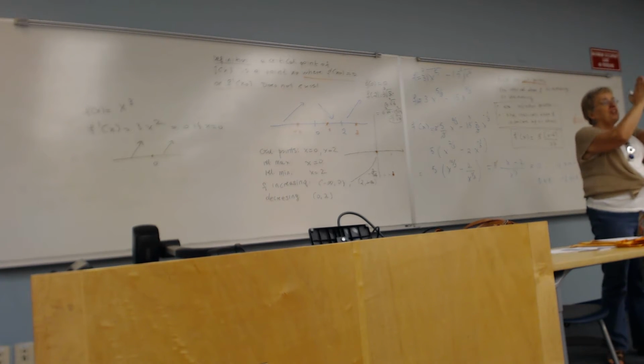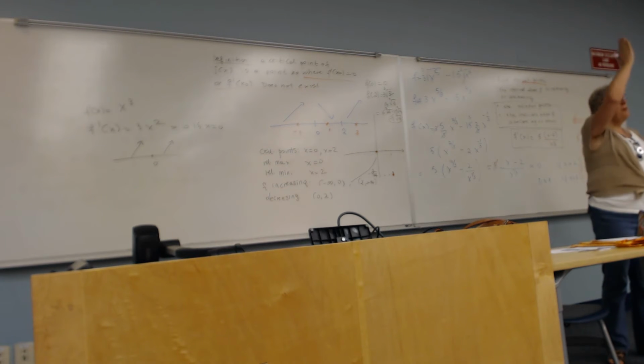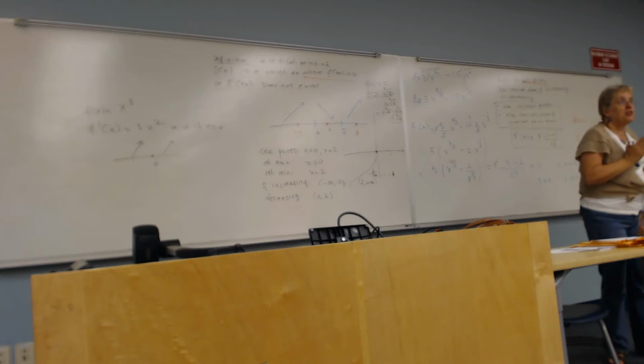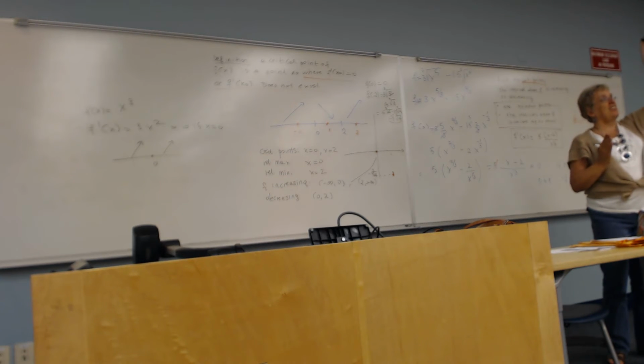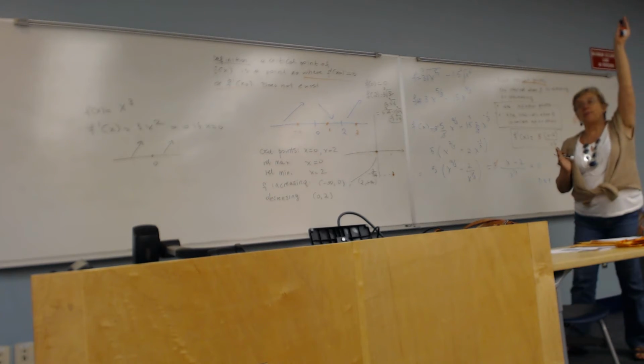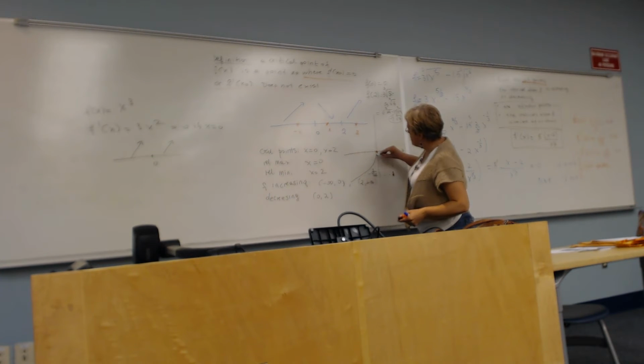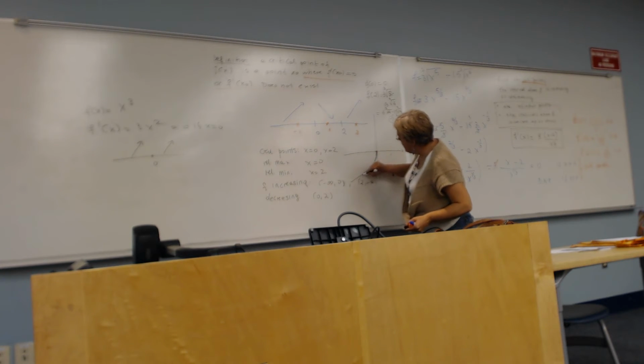A line with infinite slope is a vertical line, so the function will be very, very close to the y-axis. It will go to 0 like that, right?